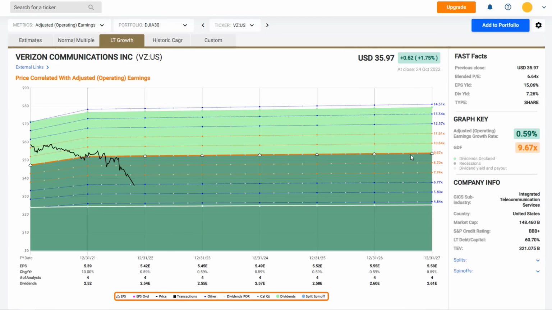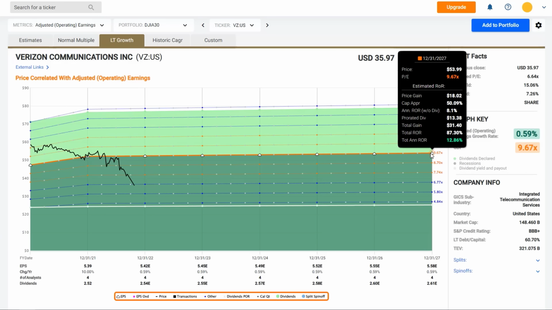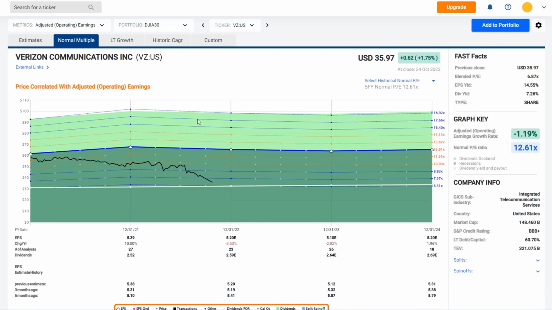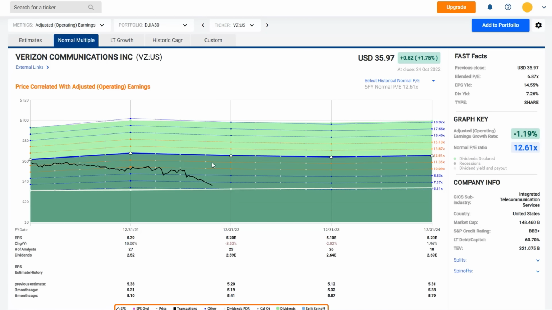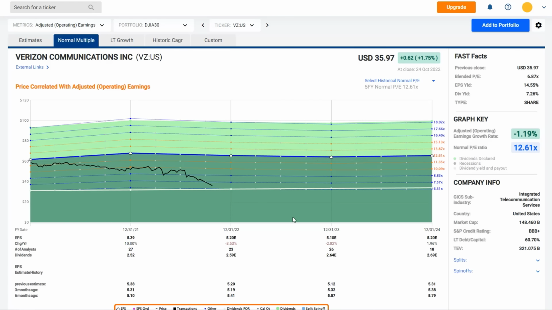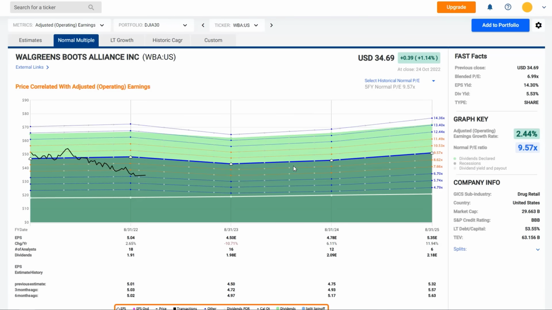This stock would give you the opportunity for double-digit rates of return, half of it coming from dividends alone. If I'm looking at it from a standpoint of the normal PE of around 12, this company gives a real good margin of safety and has just astounding annualized rates of return ahead of it, considering PE expansion and recovery. So Verizon, to me, looks very, very attractive, even with subdued growth.